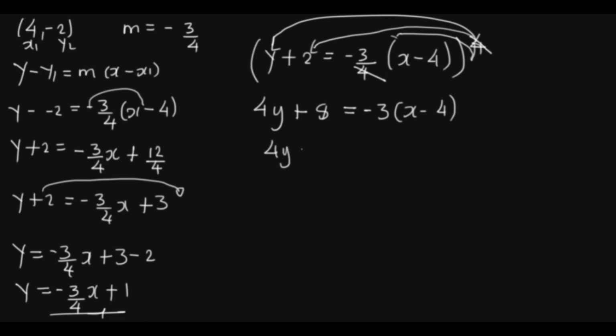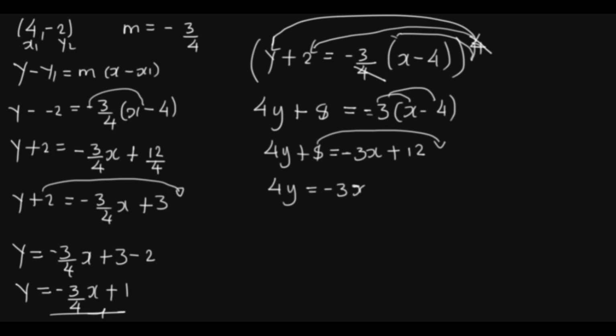So 4y plus 8 is equal to, we can now expand it. Negative 3 times x is negative 3x, negative 3 times negative 4 is positive 12. So we collect the like terms, so we have 4y is equal to negative 3x plus 12 minus 8.